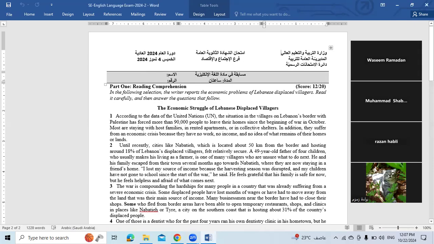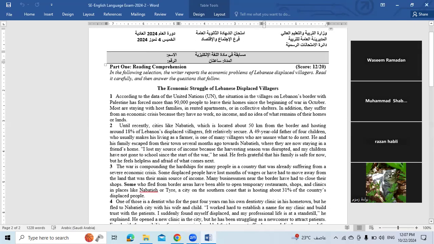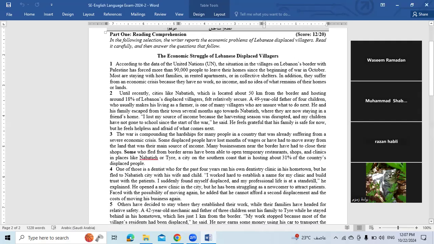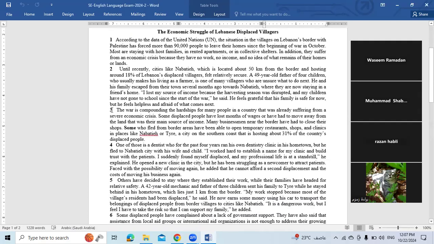If I want to go into the cohesive devices, I look at the beginning of 4. Let's go to the beginning of paragraph 4. How does it start? One of those is listing. One of those is a dentist.